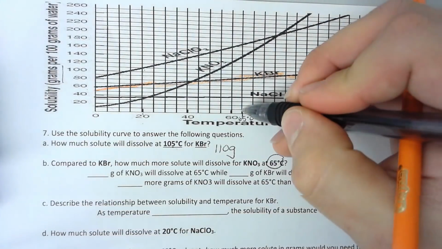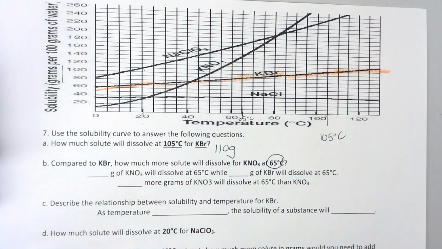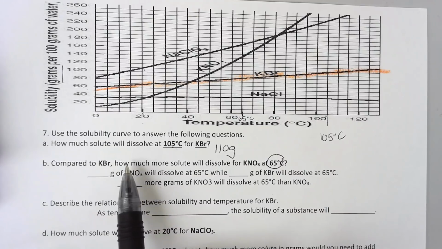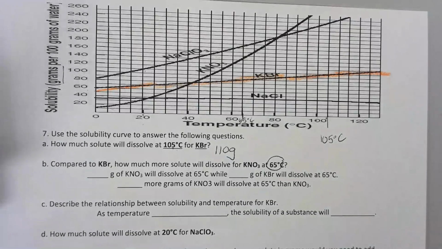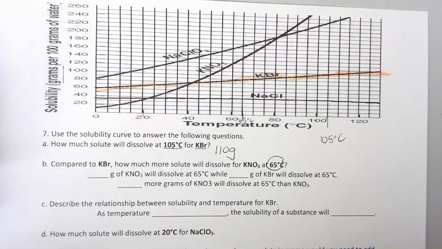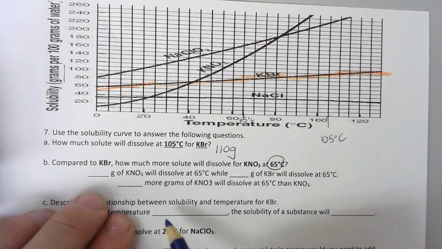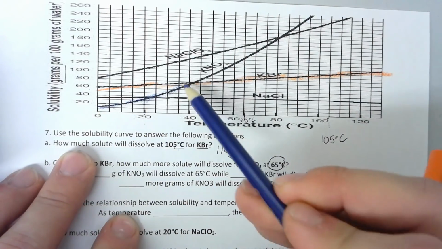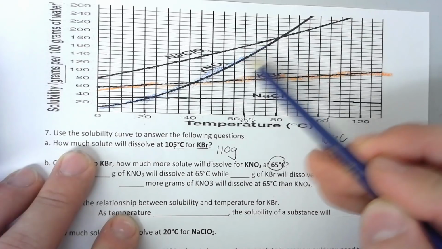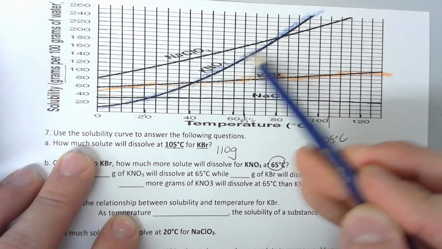I'm looking at this line over here. It's asking me how much more KNO3 will dissolve than KBr. So let me color my KNO3 line, because now I need to pay attention to two lines, right? This can get tricky, I know, but take your time, pay attention to your lines, and you'll get this.